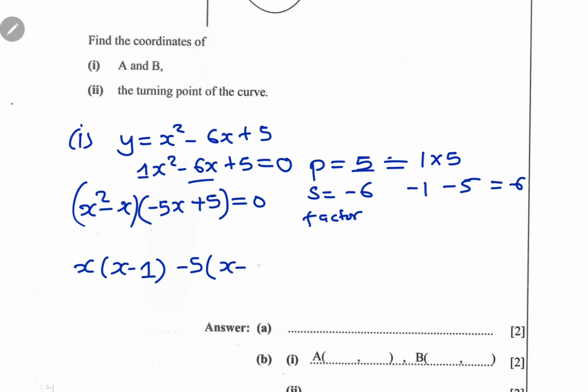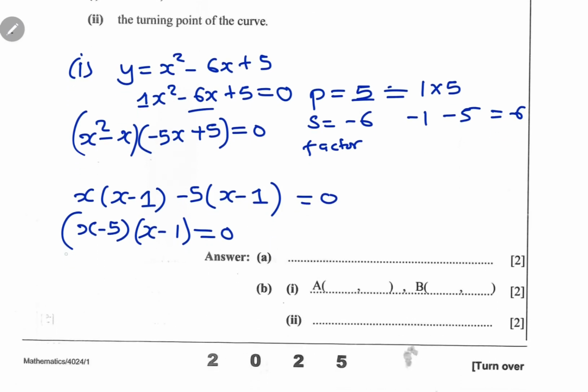What remains? x minus 1. When you multiply it back, it should give you what you've factorized. So pick what is common: (x minus 5)(x minus 1) equals 0. Equate each factor to 0: x minus 5 equals 0, which is x equals 5. x minus 1 equals 0, x equals 1.